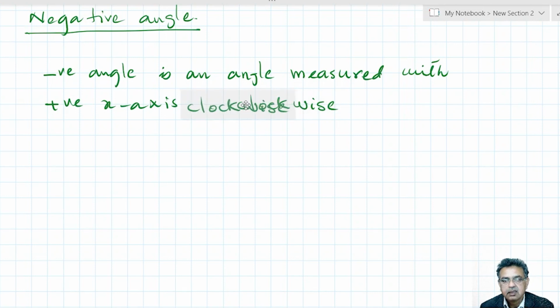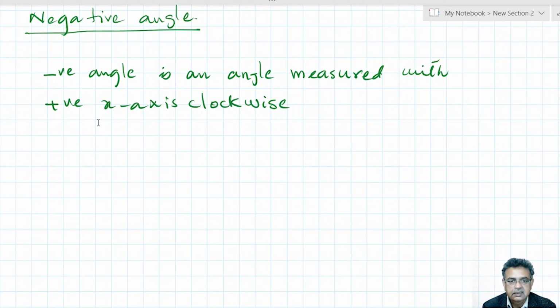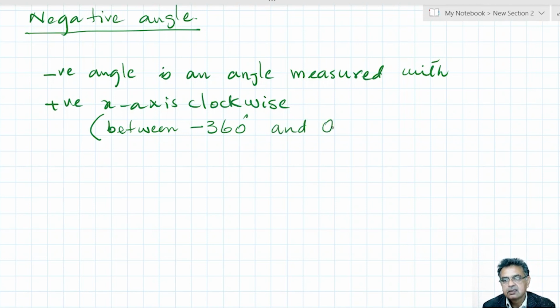This time it is clockwise. So that is the difference, that negative angle is measured with the same positive x-axis clockwise. And obviously negative angle is between minus 360 degrees and 0 degree.